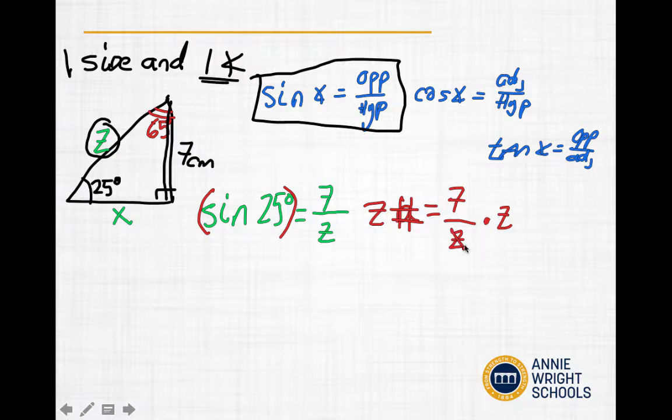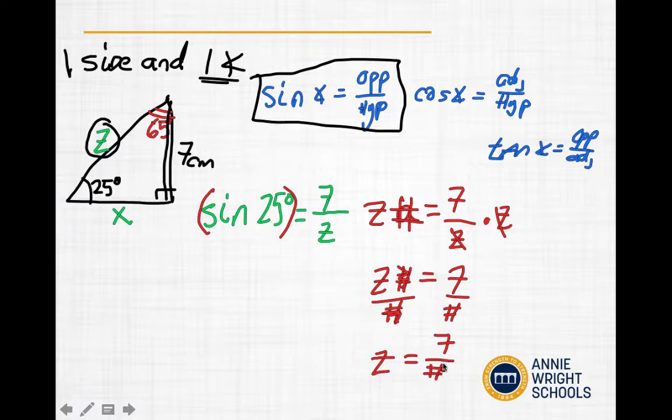That gets it to cancel here and cancel here. Now you have z times a number equals 7. Then you would just divide by that number. Those would cancel out. You'd have to divide this side by a number. And you would get that z equals 7 divided by that number.